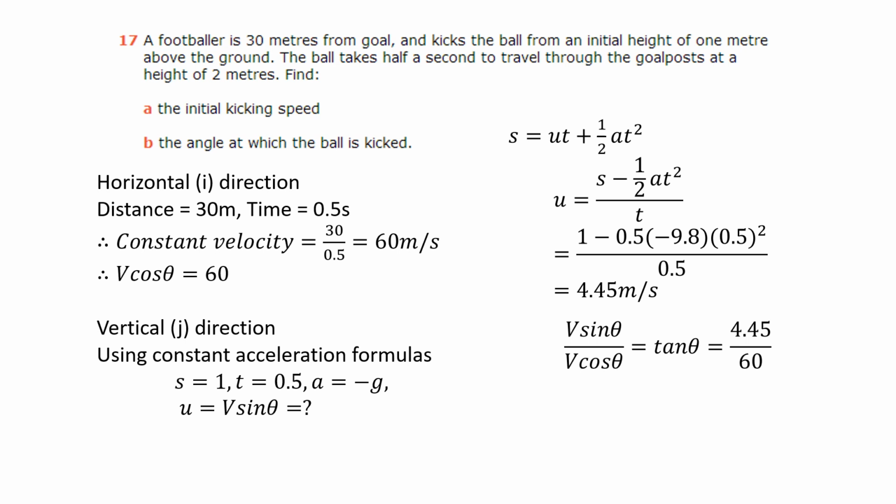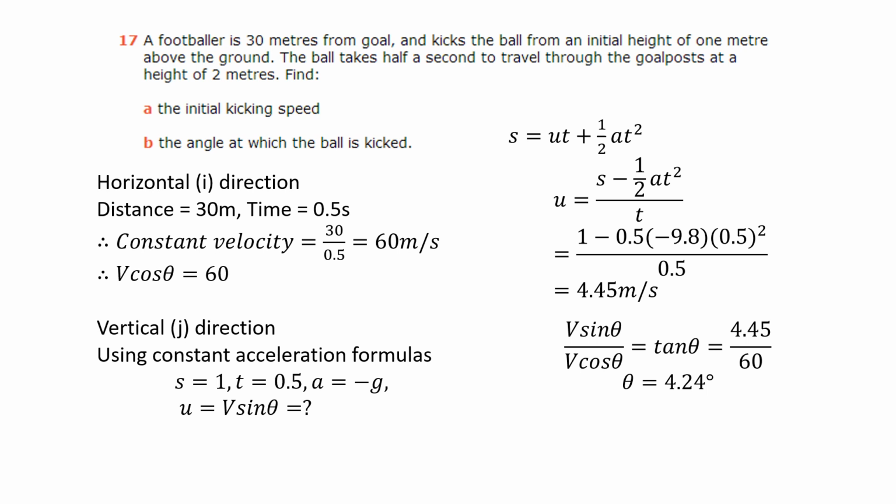So we've got tan theta is equal to 4.45 on 60, enabling us to find theta as inverse tan of that ratio. It turns out to be 4.24 degrees, and in fact we've answered part B first, the angle at which the ball is kicked. It's kicked at an angle of elevation of 4.24 degrees.